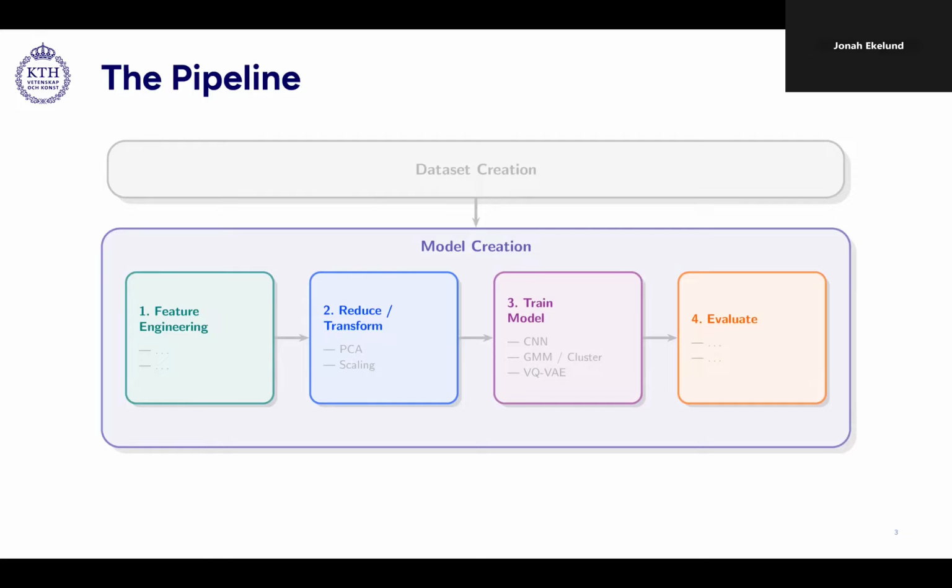Then we train our models. Can be neural networks. We look at some clustering methods to begin with, and then we evaluate our models. We heard yesterday about the importance of dividing our data set into different categories: training, validation, and testing.